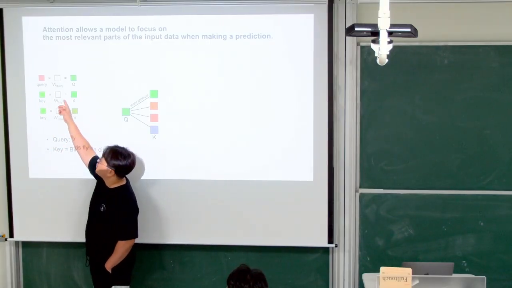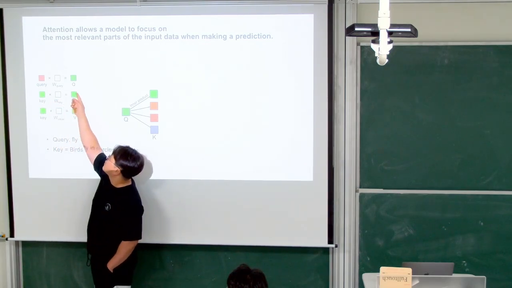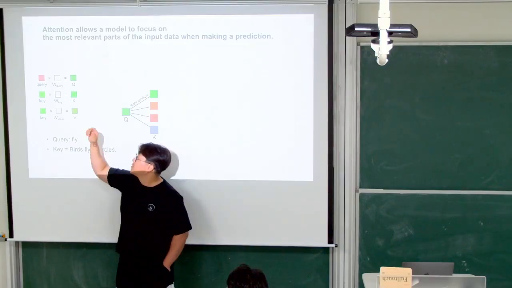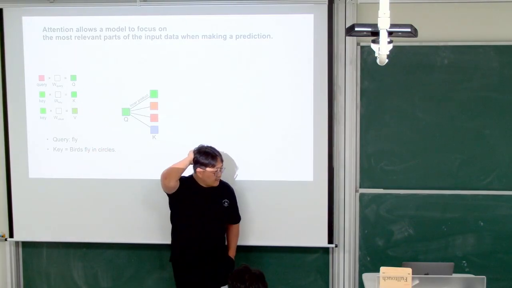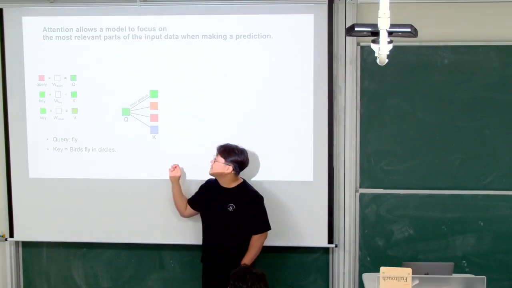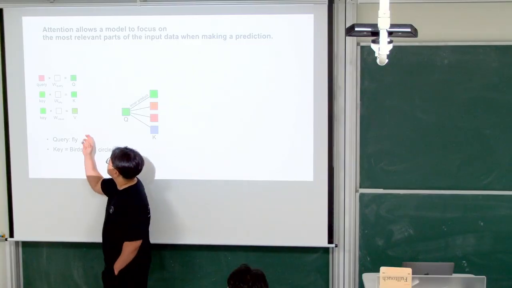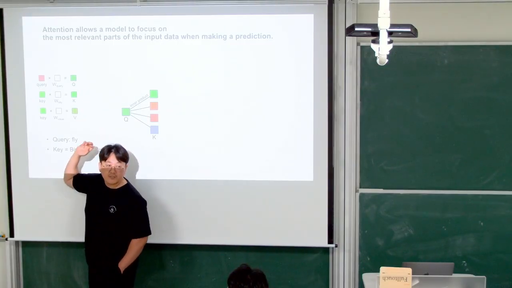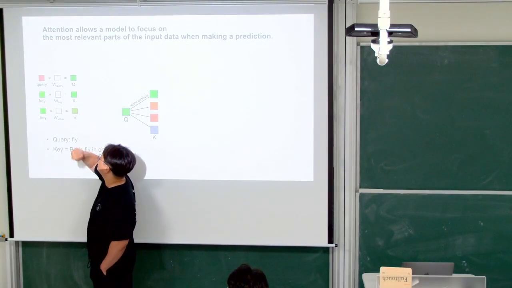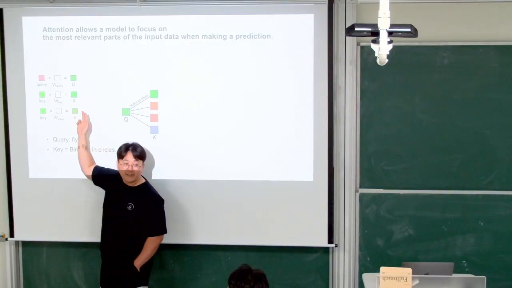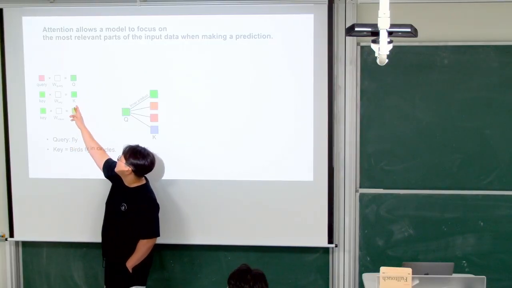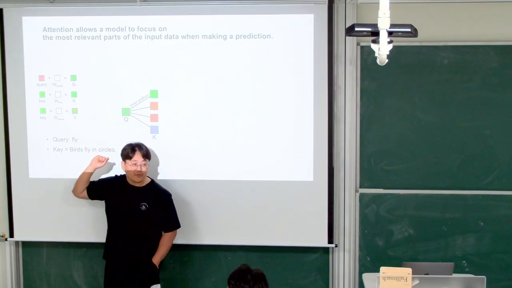After multiplying by the weights, we can obtain tensors. You can see 3 different tensors: the Q tensor, K tensor, and V tensor. Q means the query tensor, K is the key, and V is the value.